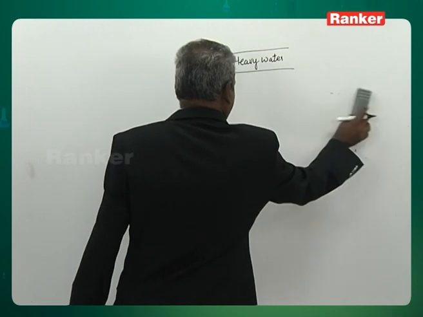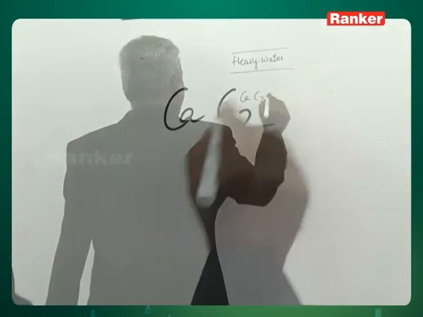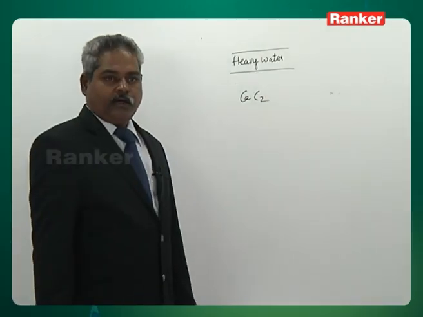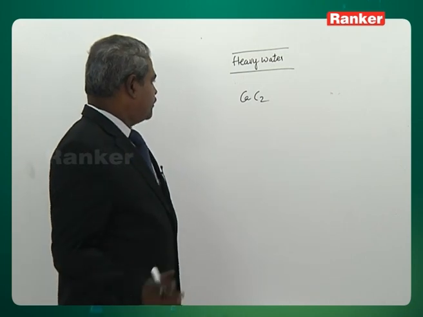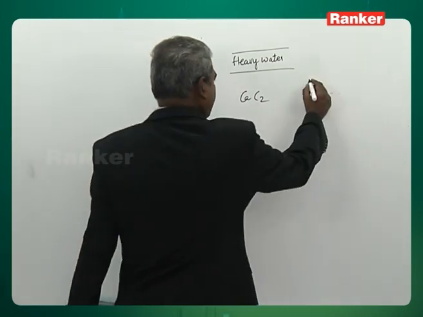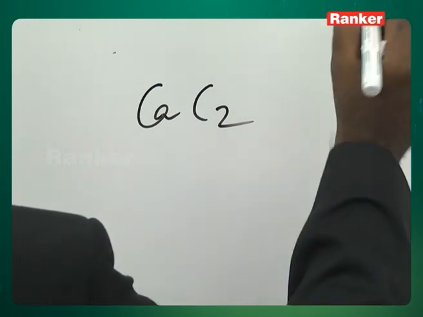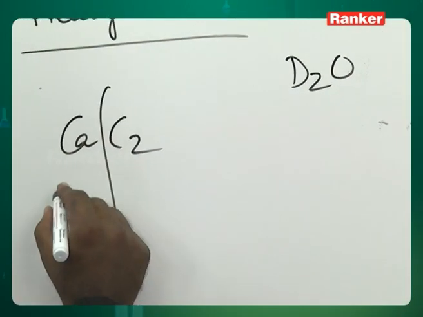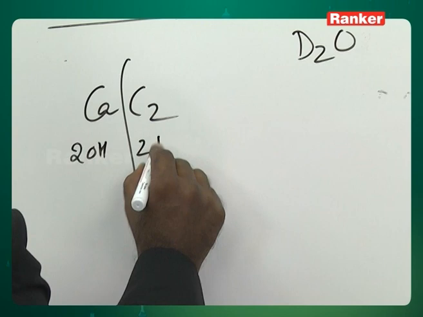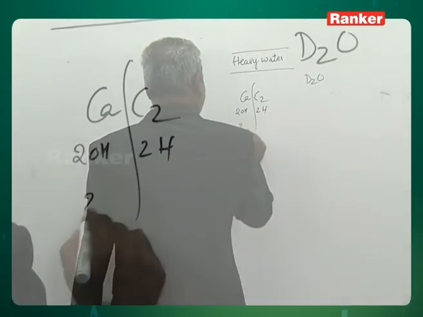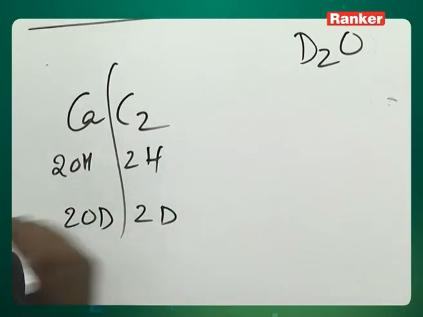Let us look at 2-3 more. Calcium carbide hydrolysis reacts with water. I actually want the reaction with D2O, but I am first reacting with H2O. 2OH, 2H. So, it is 2OD, 2D.